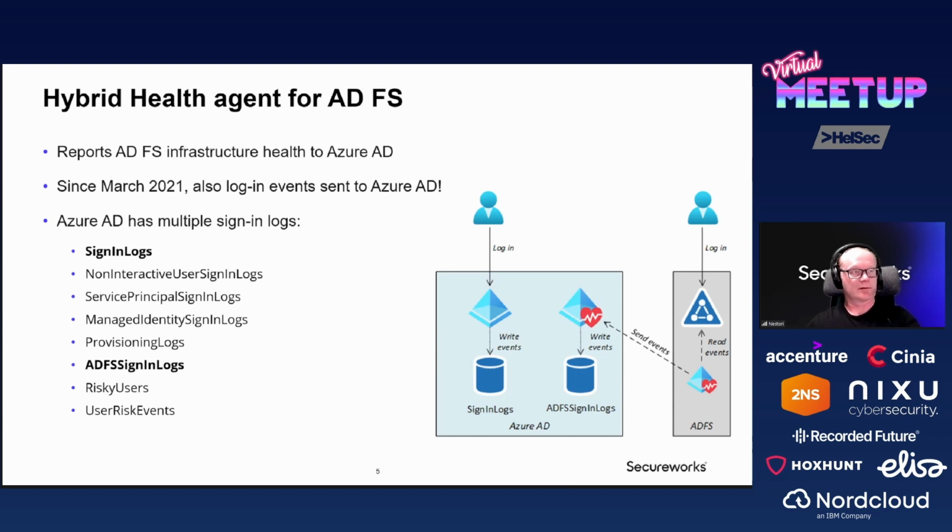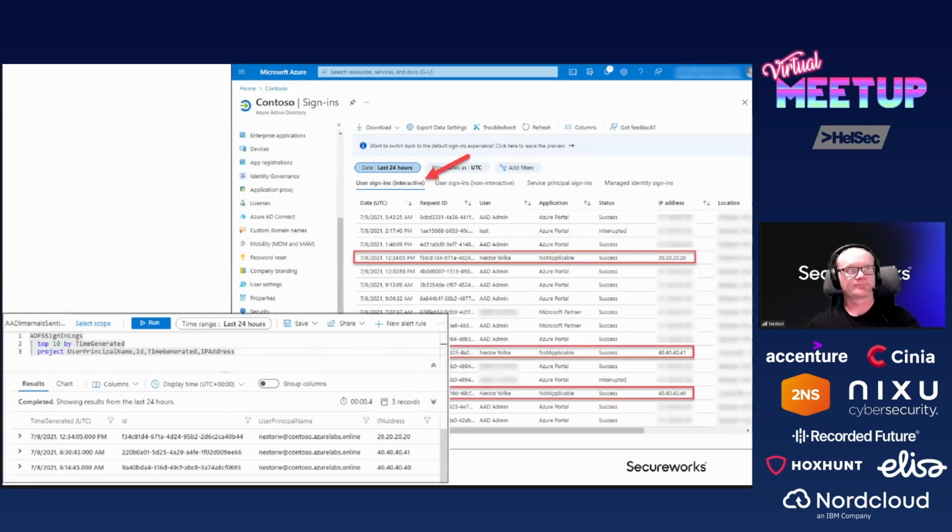So here's some example, the same example I used there in Log Analytics. So I can actually list ADFS sign-in logs. They are here, but as I said, there's no tab here at the top for this, so I can't see only ADFS sign-in logs. However, for some reason, these events are ingested to this user sign-ins interactive log also.